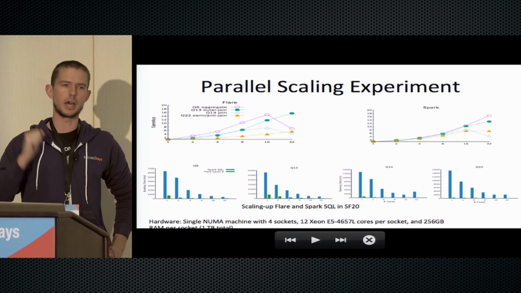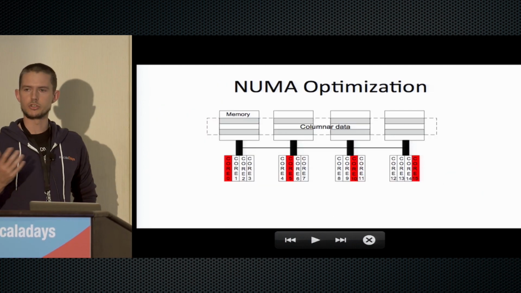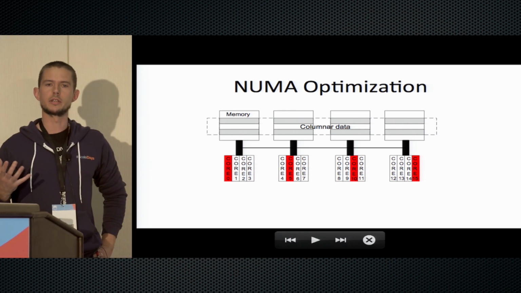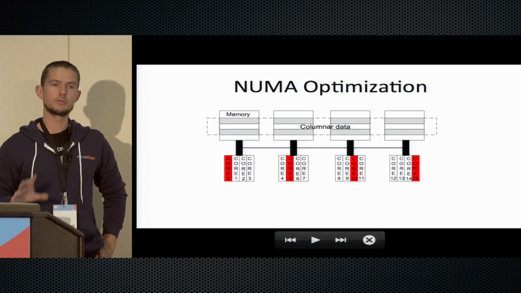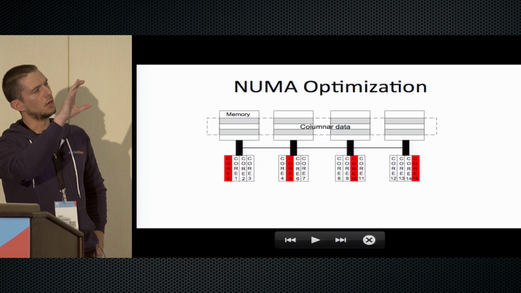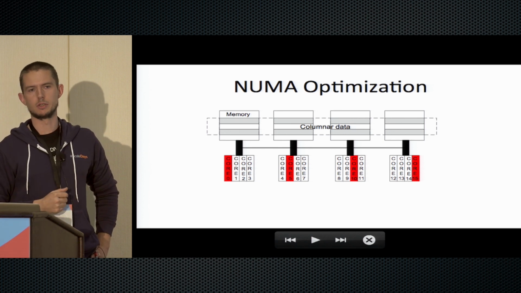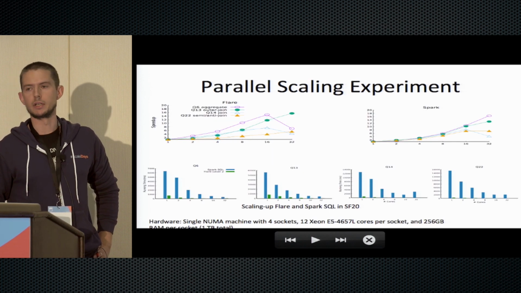And if you know a little bit about architecture, then you know that modern server-class machines with multiple CPU sockets are structured in such a way that they also have local memory attached to each CPU socket. And if you want to access remote memory, you have to go across the bus, and memory access becomes much slower, right? And this is exactly what we can see here, right?